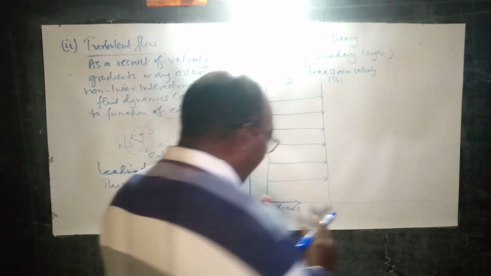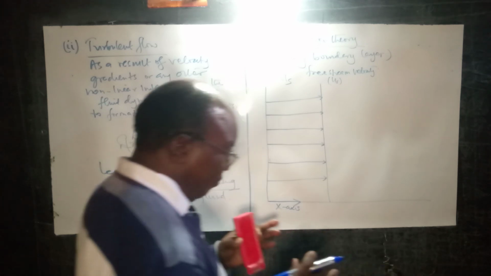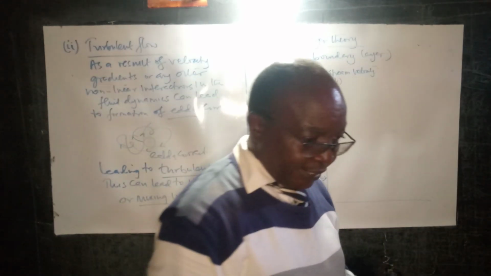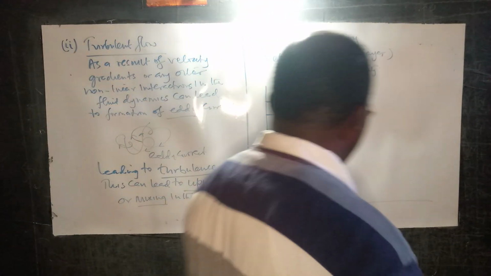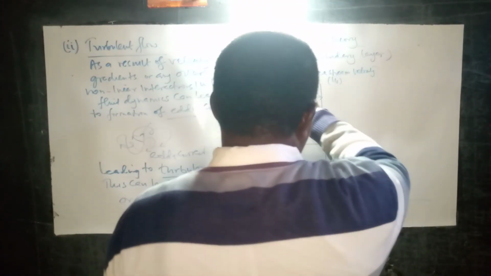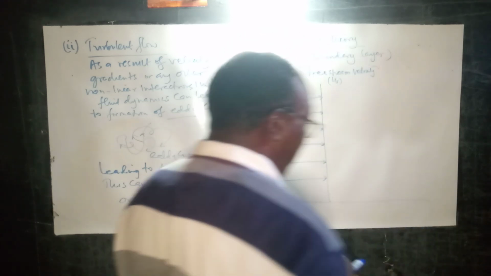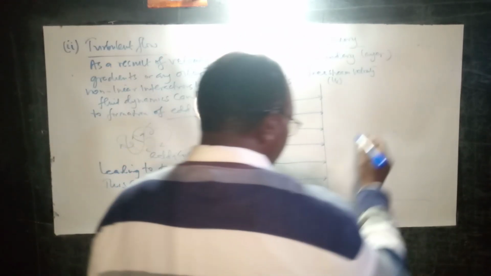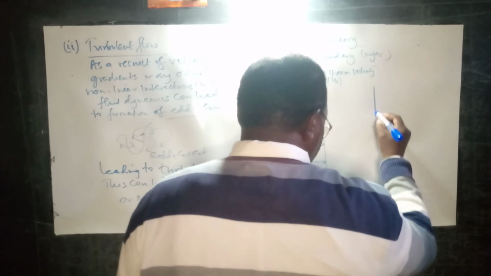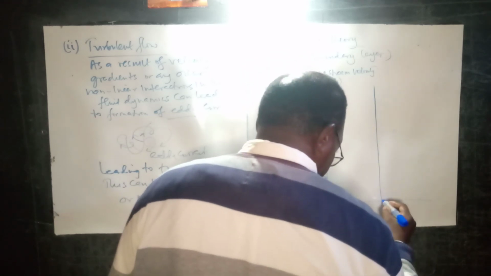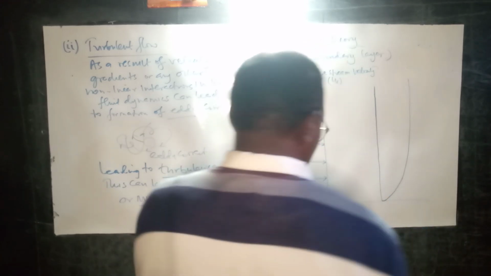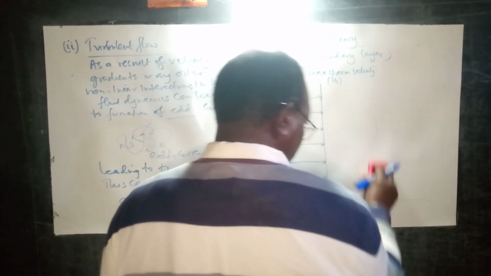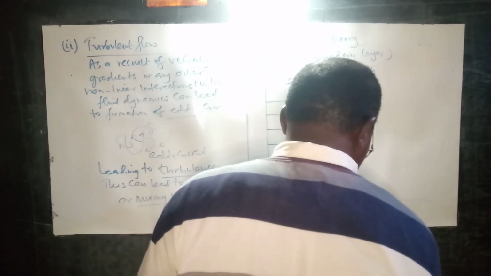Now, as our fluid flows, and the velocity, of course, picks up, we start developing what we call a boundary layer.